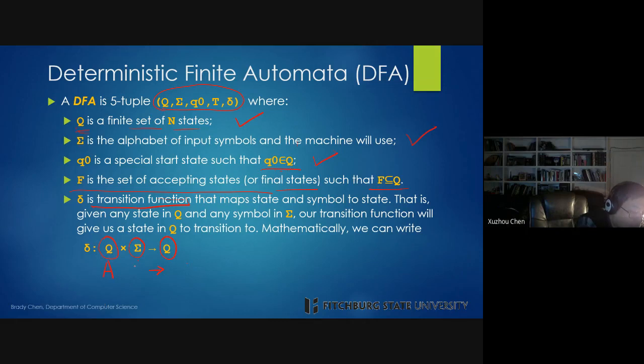It depends on the input value. If the input value is A, then we go to B. If the input is B, we go to C, another state. That's an example.